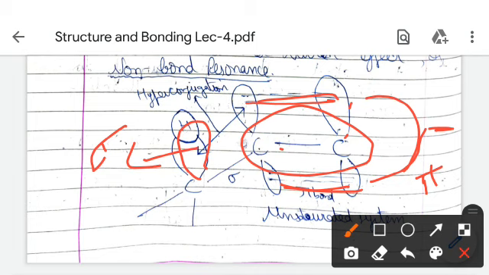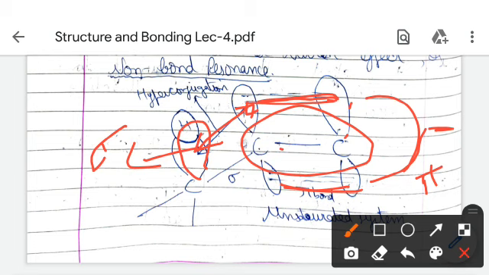These electrons which form the sigma bond are overlapping with these pi orbitals which form the double bond.